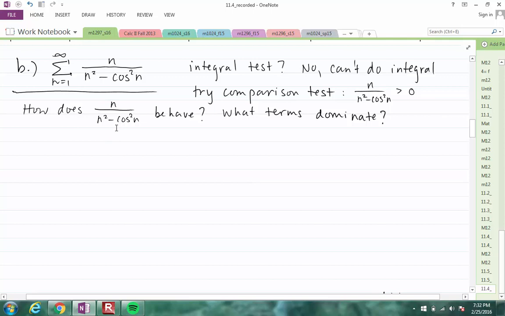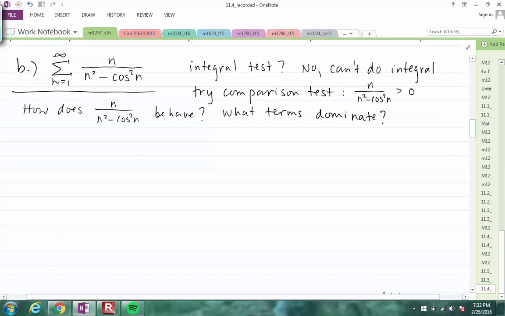Down low, especially as n gets big, the cosine of n squared is going to be less and less of an issue. It's just a small value being subtracted from n squared, which as n gets bigger is going to definitely dominate here. So all that was to figure out a comparable b sub n that we can compare our series a sub n with, which is the n over the n squared minus cosine squared.